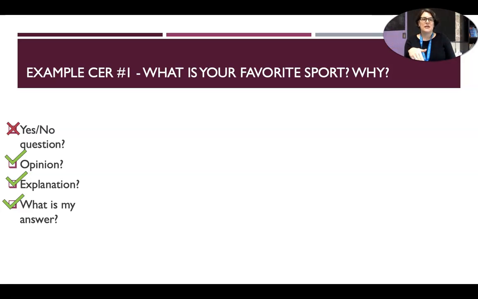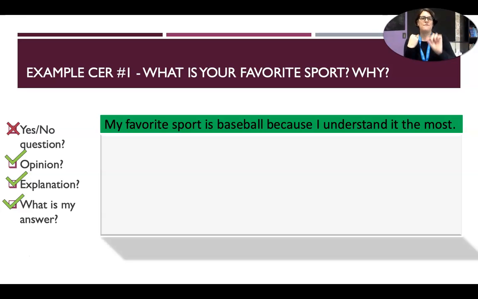So now I need to think about, how am I going to write this? I'm going to use that idea of restating what is my favorite sport right here. My favorite sport is, my answer, baseball. I'm using that word because to show I'm answering the why question, to show explanation, because I understand it the most. That's why I really like watching baseball, because I know how to play it, I understand it watching it, it's enjoyable for me.